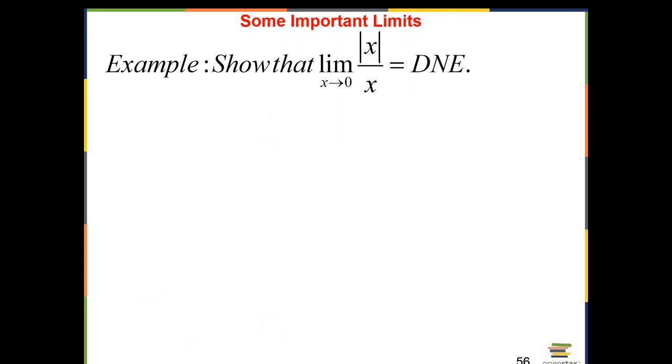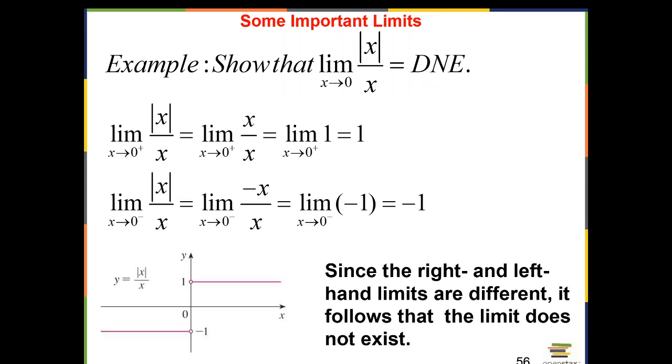All right. It says show that this limit does not exist. How do we do that? Well, we know that this is a piecewise function. So absolute value of x over x is really a piecewise function. It is x over x when x is greater than 0, but I don't put equal to because the denominator cannot be 0.